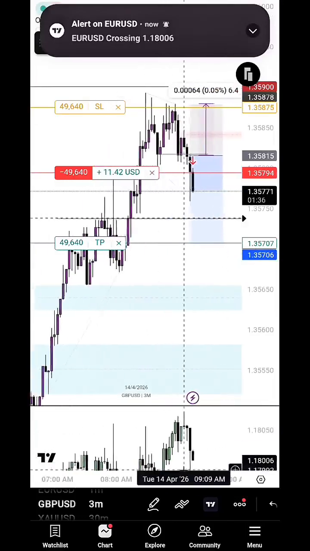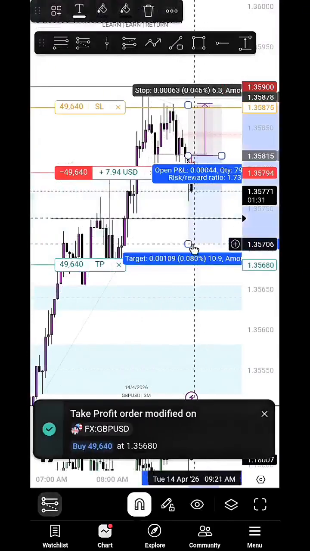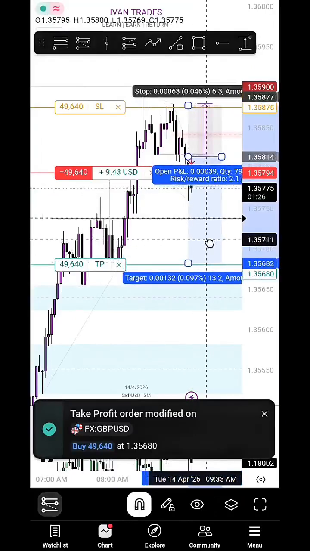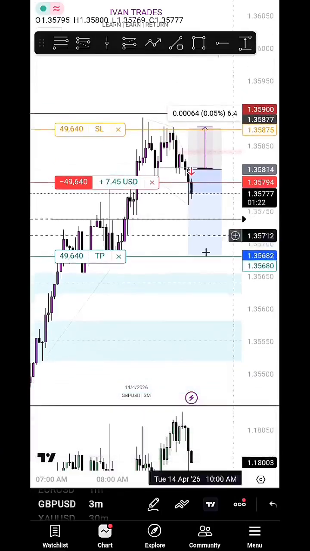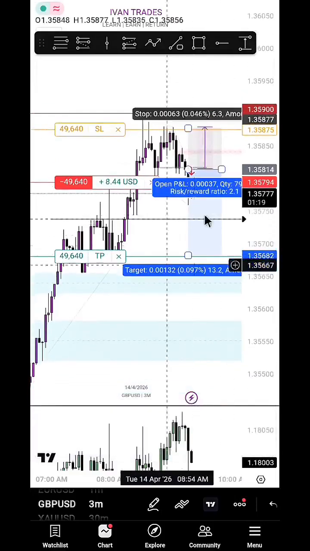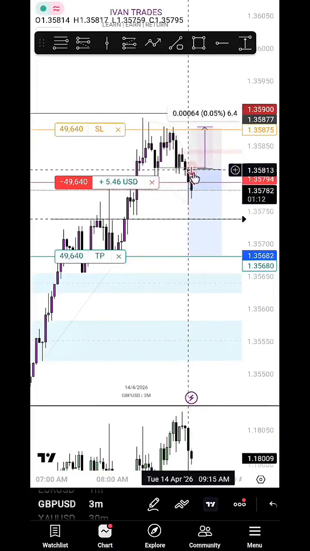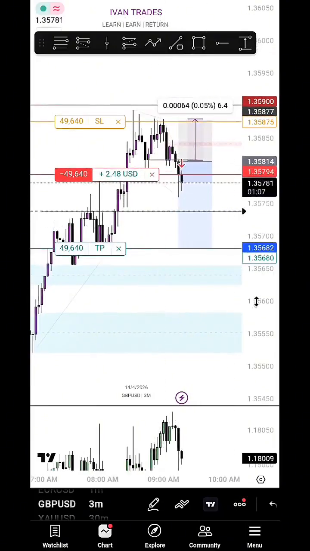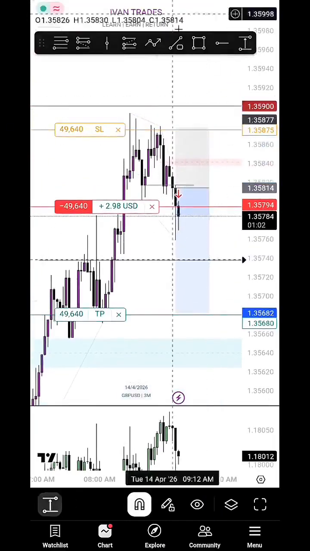So let me reduce these drawings. The stop is around somewhere like that. No, not at all.